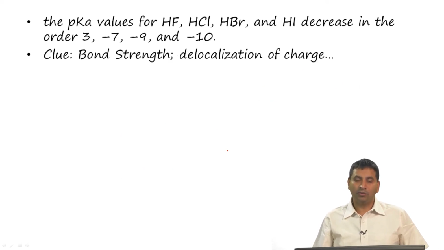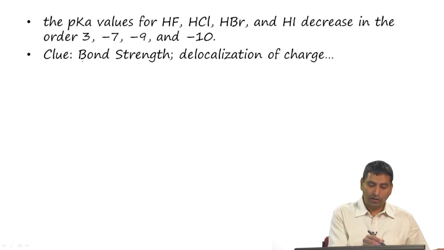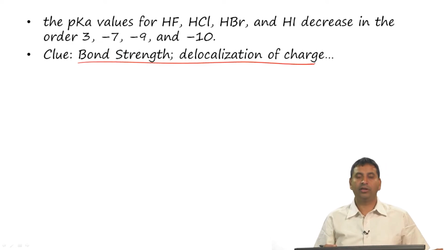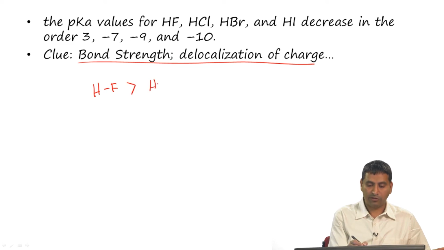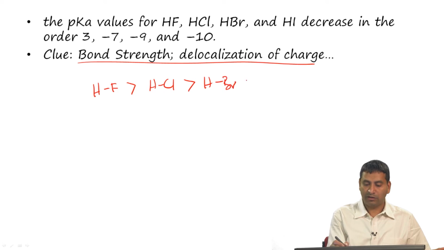The pKa values of HF, HCl, HBr and HI decrease in the order 3, minus 7, minus 9 and minus 10. Here, in order to explain this, we would need to invoke bond strength and delocalization of charge. The bond strength of HF is greater than the bond strength of HCl, which is greater than the bond strength of HBr, which is in turn greater than the bond strength of HI.